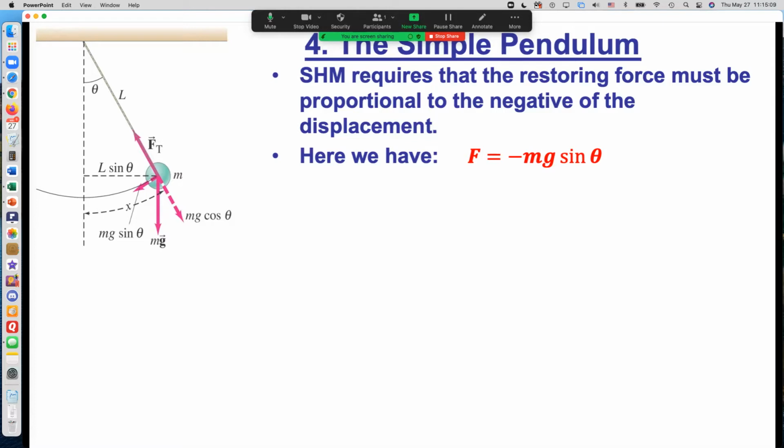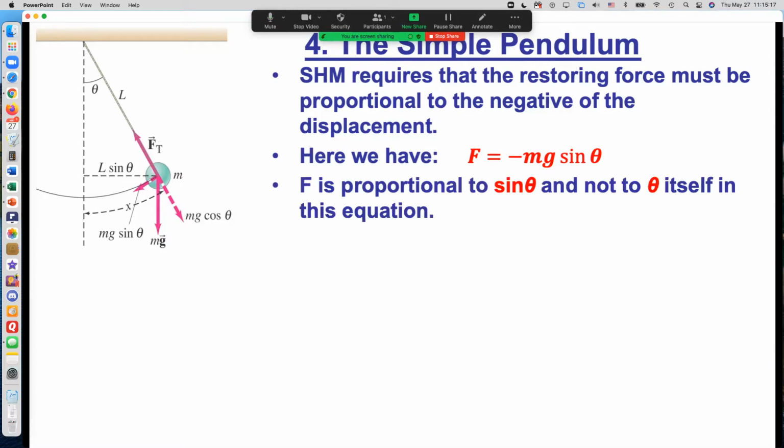Minus mg theta would be, but minus mg sine theta is not, right? F is proportional to sine theta and not to theta itself in this equation. If it was proportional to theta, we would in fact have simple harmonic motion.